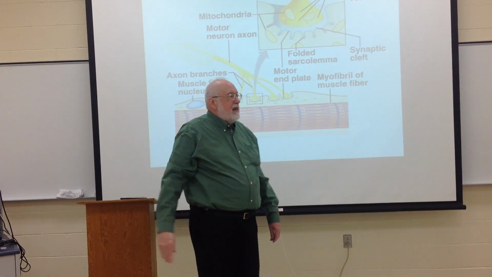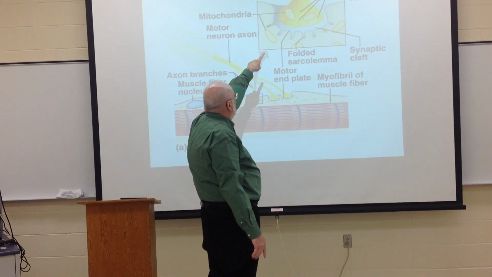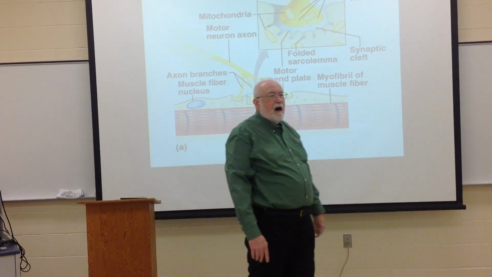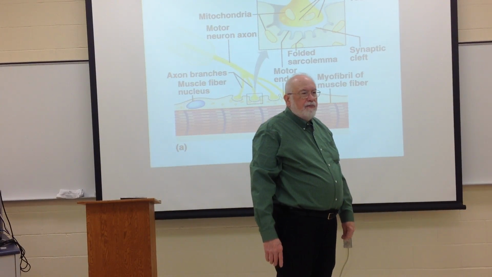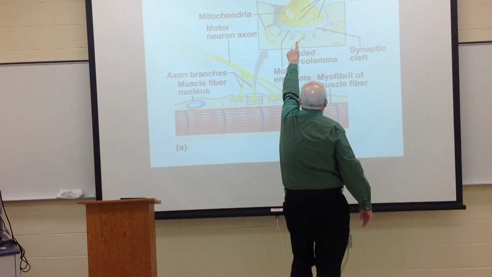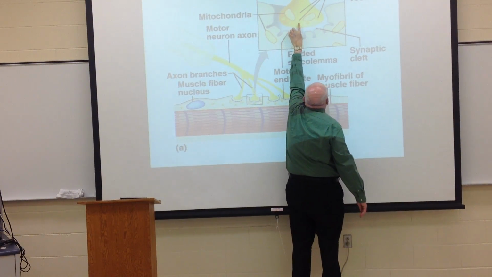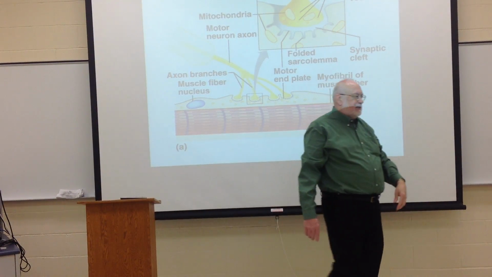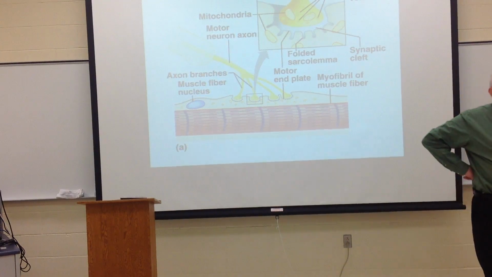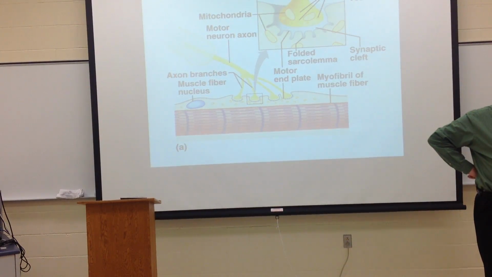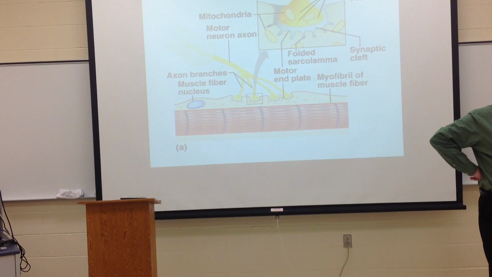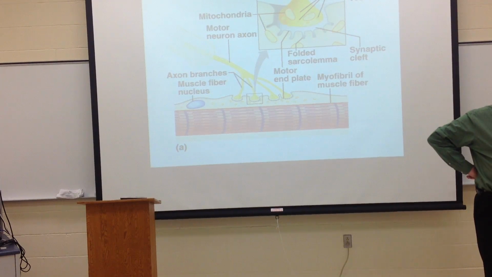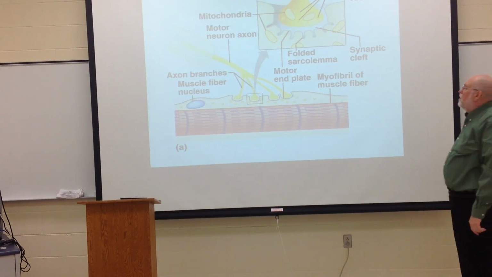Now, an impulse comes down this nerve and it reaches that synaptic knob. And what that's going to do is cause these synaptic vesicles in here to lyse. Now, what's in those synaptic vesicles? A neurotransmitter substance.